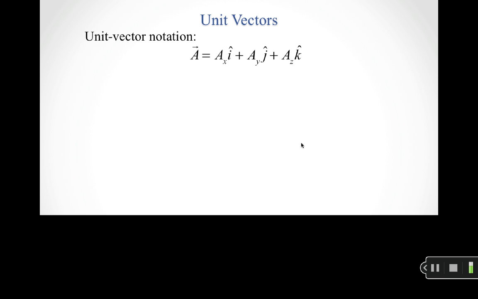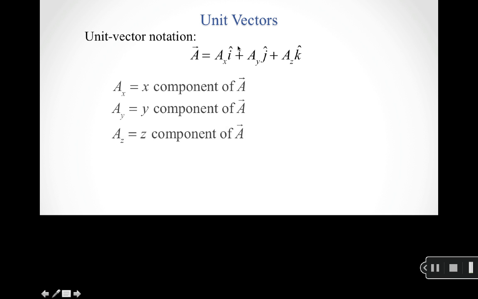The way that's best described is in what's known as unit vector notation. Again, notice this isn't a unit vector. It's simply giving me vector A in unit vector notation because I'm telling you a component and a unit vector.